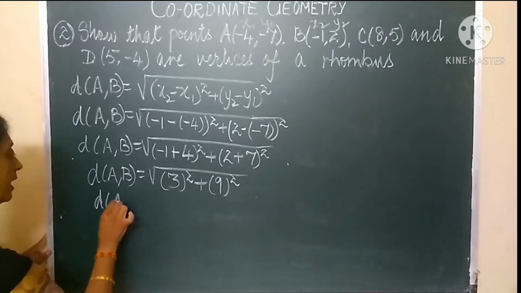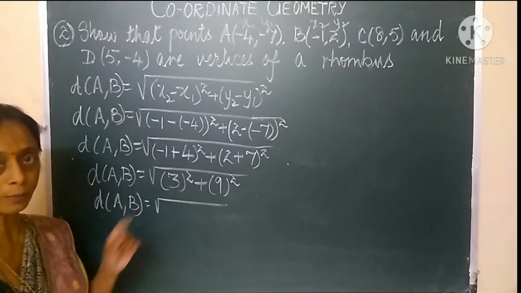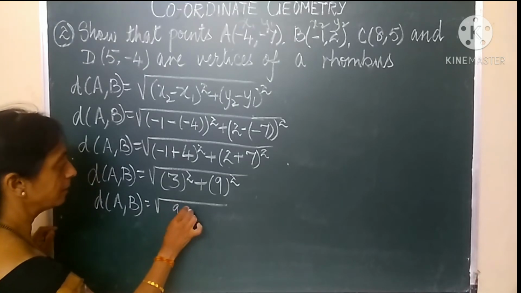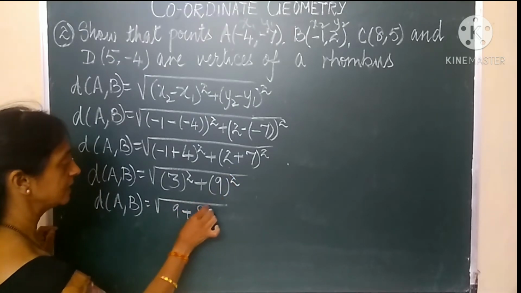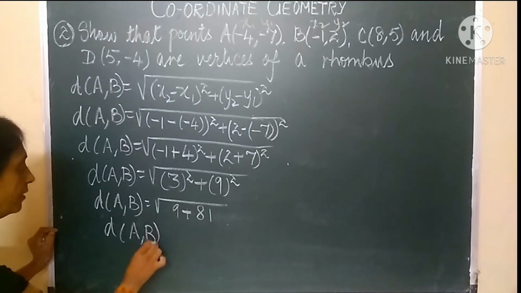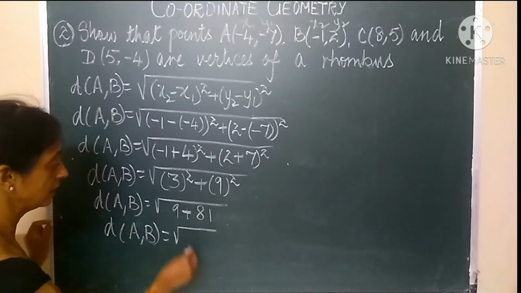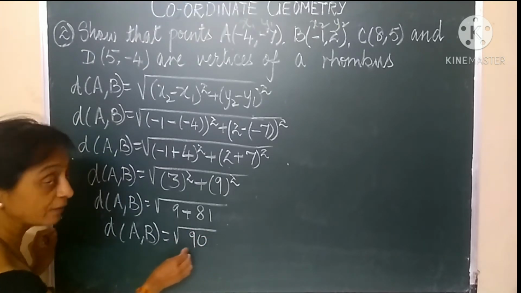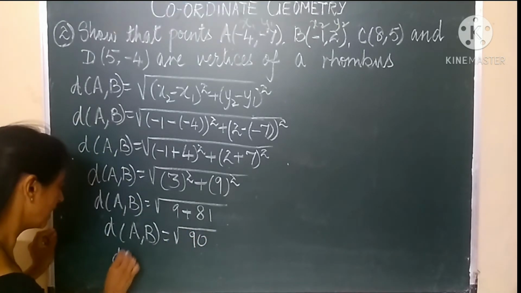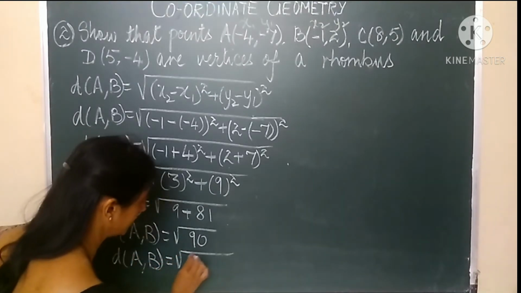So distance AB will be equal to 3 square that is 9 plus 9 square that is 81. So distance AB will be equal to square root of 9 plus 81, which is 90. Let's factorize 90 as 9 into 10.